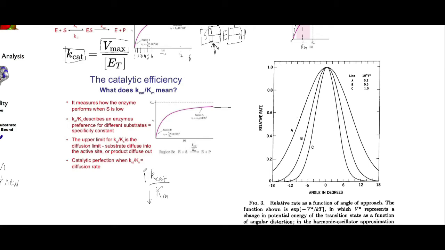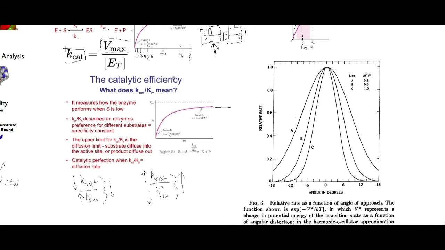We said that if kcat goes higher, then we're forming product faster. And so both of these things, if we increase kcat or lower km, will cause this whole thing to go up. And so the opposite is also the case, where if our km goes up, if we're binding less tight, or if our kcat goes down, if our turnover rate, if our actual catalysis is going down, then our efficiency is going to go down.